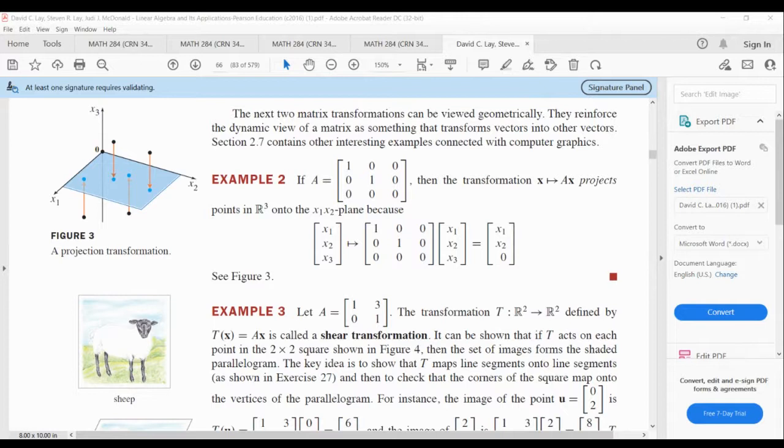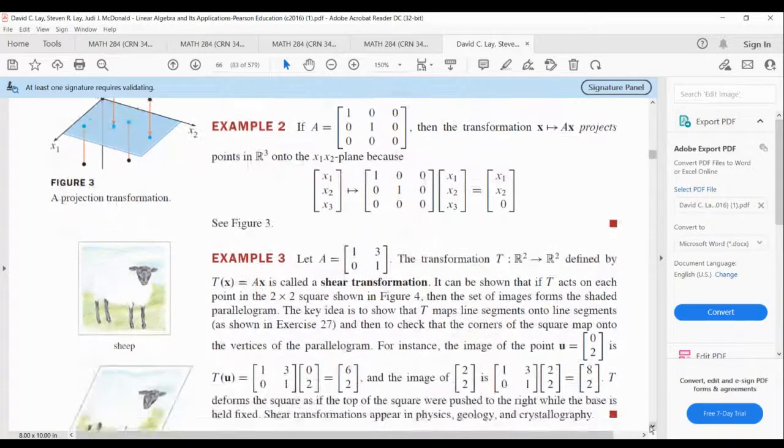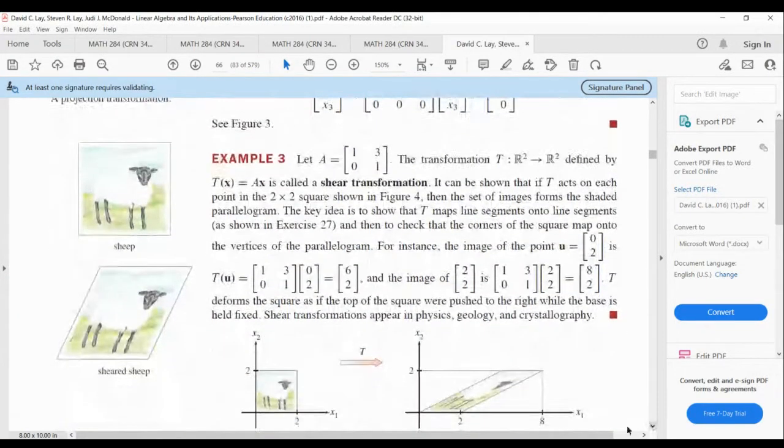If we look at example 3, we're going to look at something called a shear transformation. So here you have a sheet in the picture, and then you have a sheared sheet. So there's a transformation.